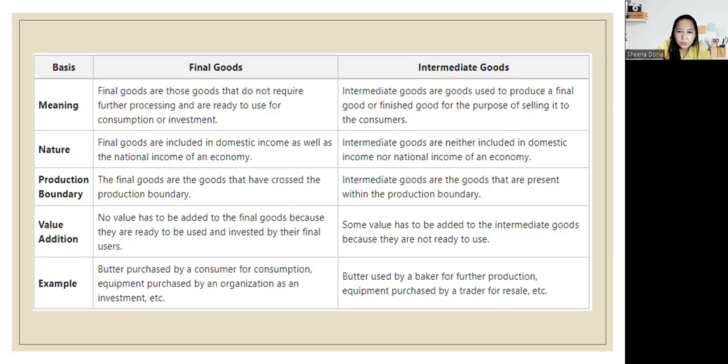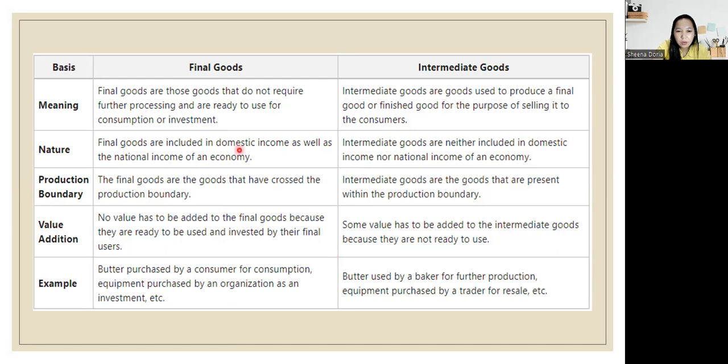Intermediate goods are goods used to produce a final good or finished good, such as raw materials, parts, capital items, etc., for the purpose of selling to the consumer. So it's not yet the whole product. For example, you sell the tires to make a car, and the car is what we add to our GDP.